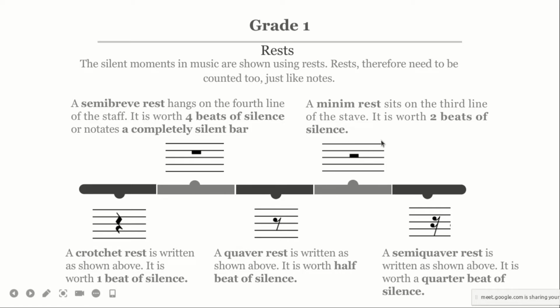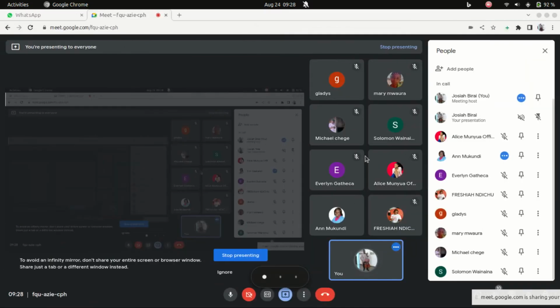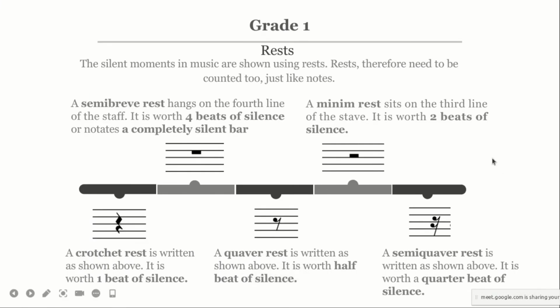And then we have a minim rest. So I want to ask someone to identify this for me. So Freshie and Disho, kindly tell me what's the difference between this semi-brief rest and this minim rest. What's the difference that you can spot? You can unmute and just speak.